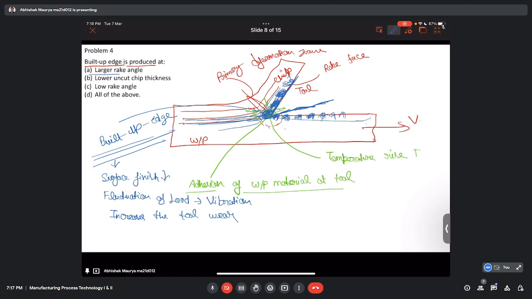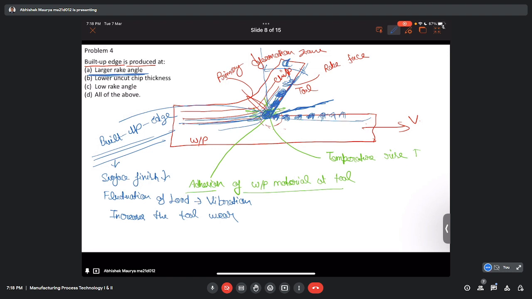But again, let us see what has been asked in the question. The first one is a large rake angle. I told that the built up edge is formed because of sticking of material near the tool tip. If we have a large positive rake angle, there will be less cutting force, and if there is less cutting force, then less temperature rise will take place.